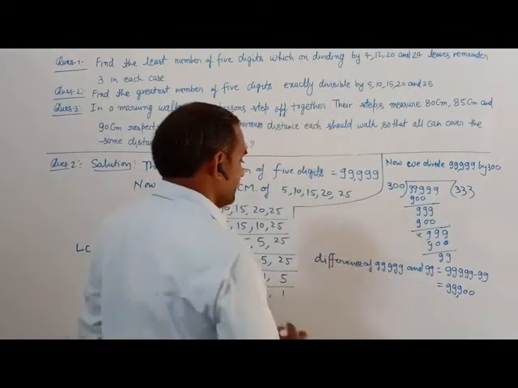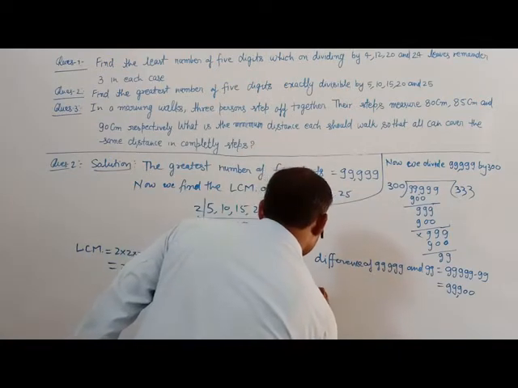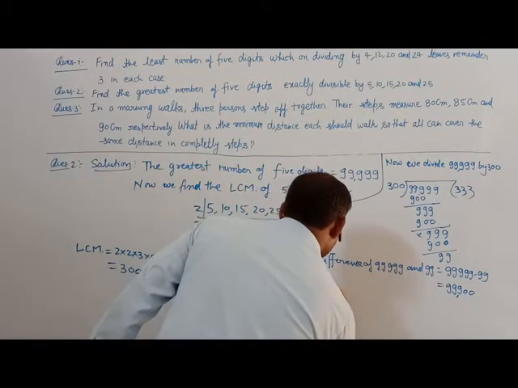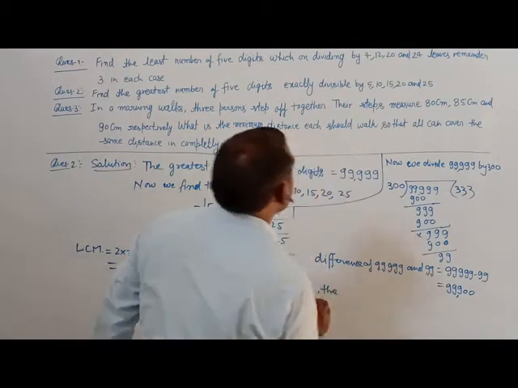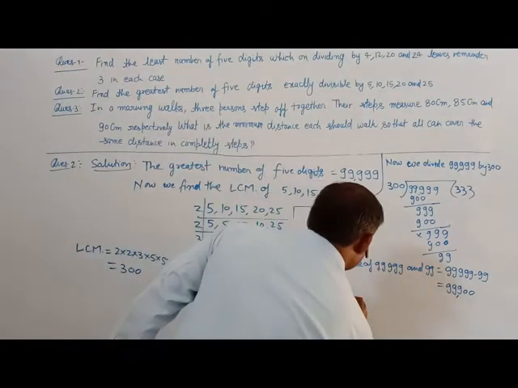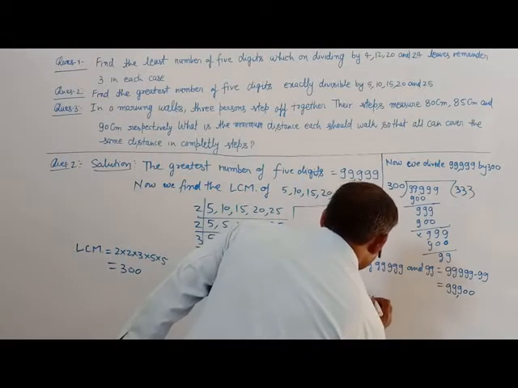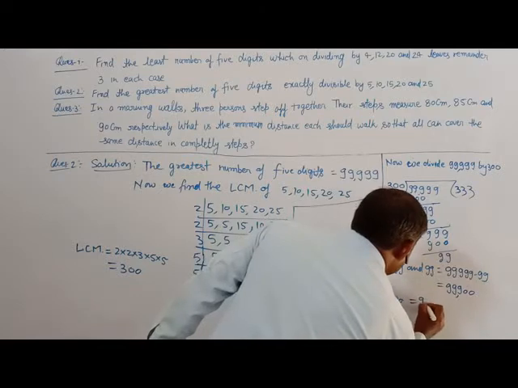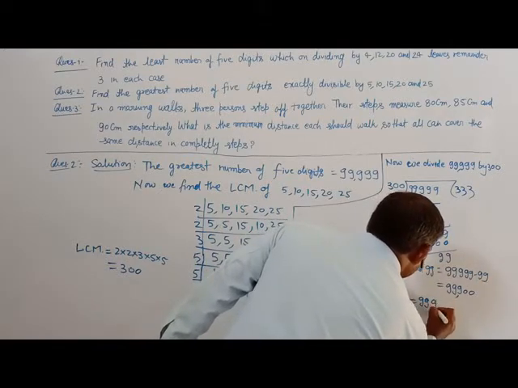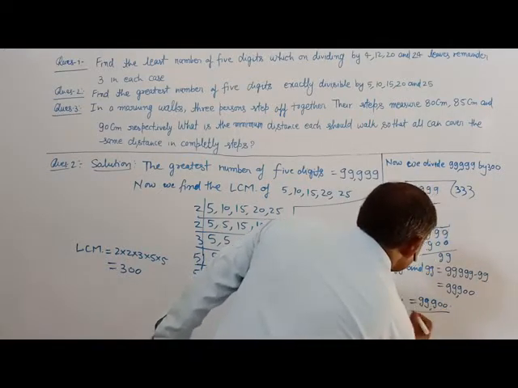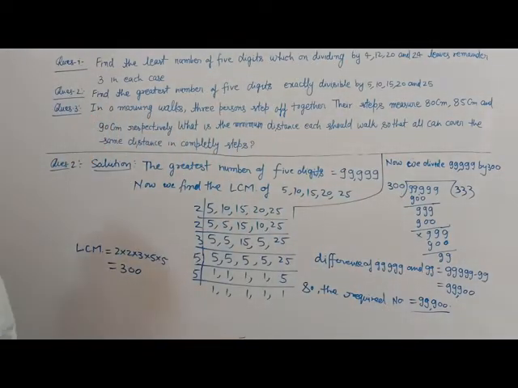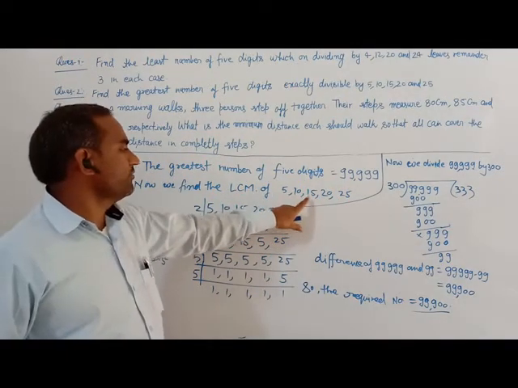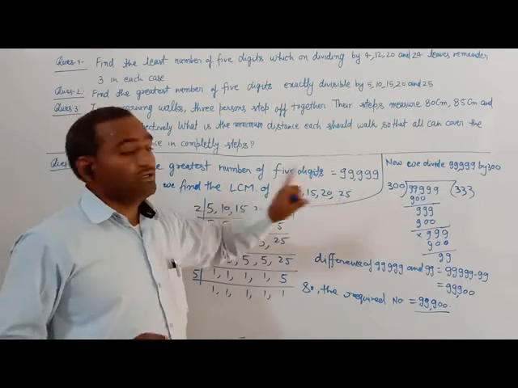So the required number is equal to 99,900. This is the number which is exactly divisible by 5, 10, 15, 20 and 25.